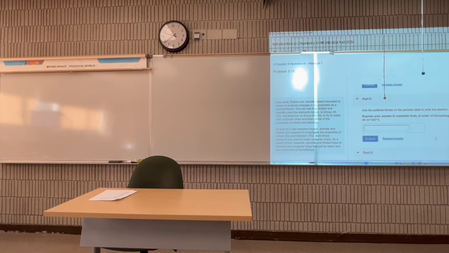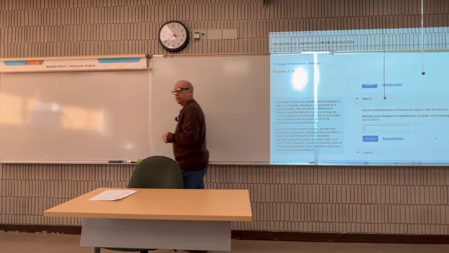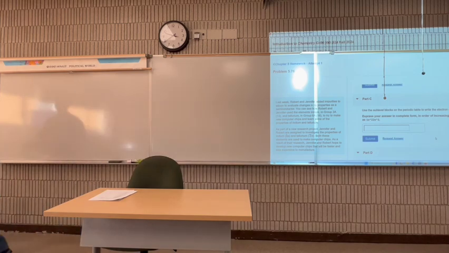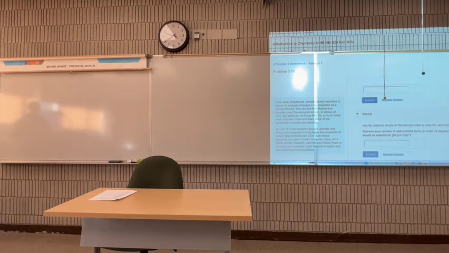And period 5, so it will have electrons on 5p, and the position on the p block is 1, 2, 3, 4, so it will have 4 electrons on that 5p subshell. I think we've done that before, so I'm going to skip it so that we can move forward.